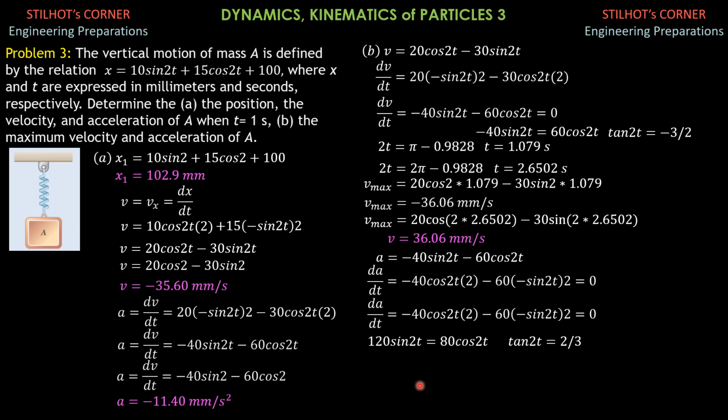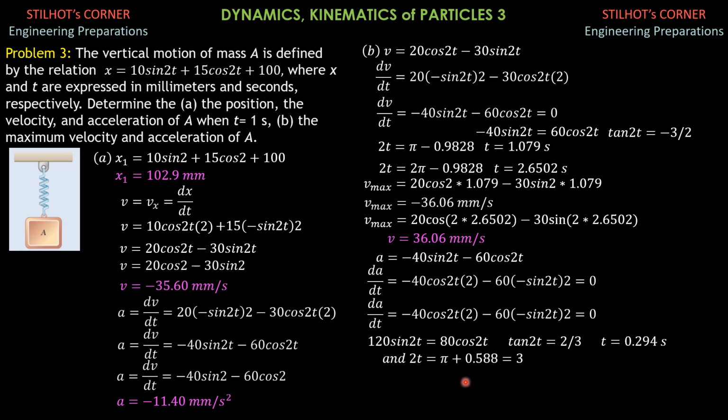And again, take note, there are two quadrants where the tangent function is positive, the first and the third. In the first, inverse tangent of 2/3 divided by 2, that's the t, 0.294 seconds. And if it is in the third quadrant, for the angle inverse tangent of 2/3, we add pi, or 180 degrees, that would be in the third quadrant.